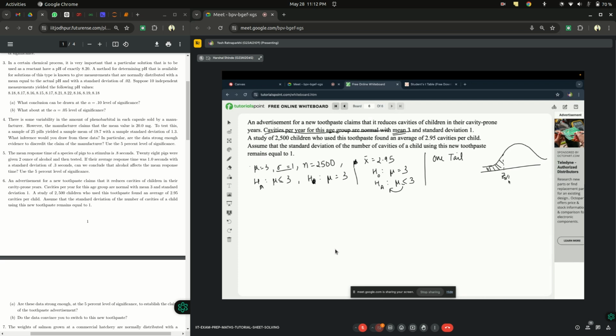It is not Z alpha by 2. Here we will go with only alpha, because we are in the left tail. We'll draw only one side, on the left side.